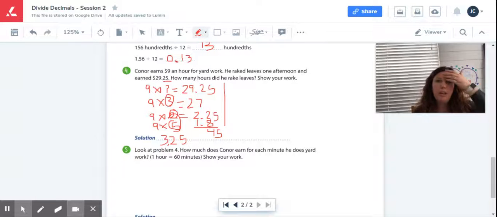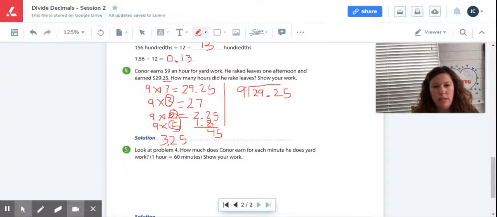But let's do the standard algorithm and check that work real quick. So we're going to have 9 on the outside, and then we're going to have 29.25 on the inside. I'm gonna extend my line here.